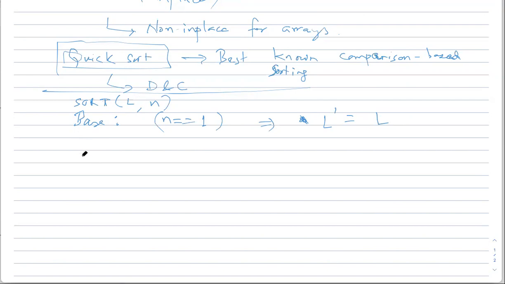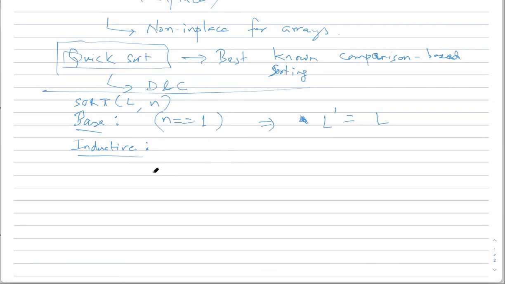And the inductive step or recursive step is going to be the interesting strategy. Depending on the strategy we adopt here, it is going to fall in the category of merge sort or quick sort.